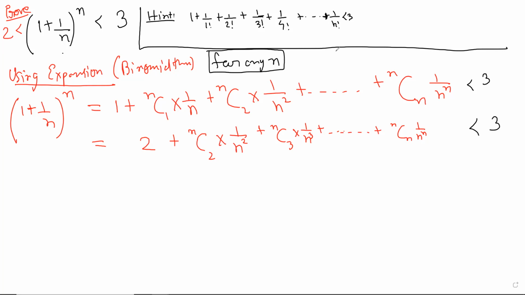So from here you should get the hint of trying to prove that this is less than 1 by 2 factorial. Is this less than 1 by 3 factorial? Can we prove it?